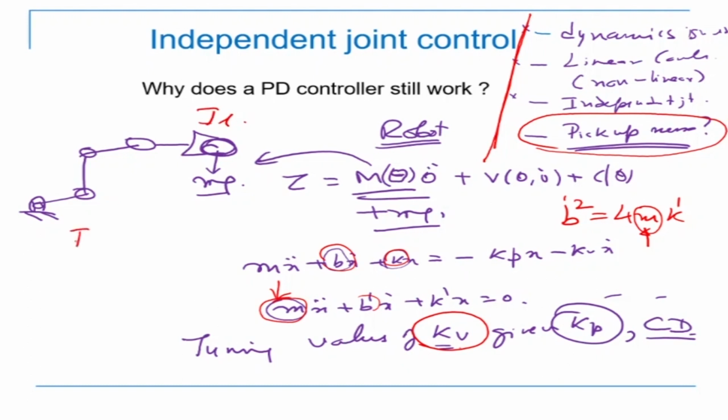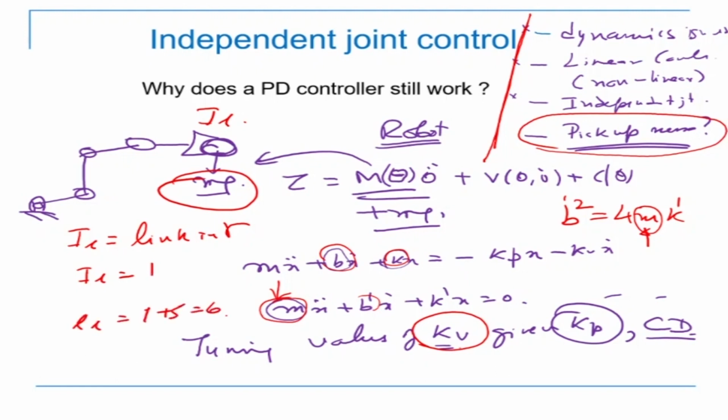So IL is my link inertia, and link inertia can change because of mg. For example, if the link inertia is equal to 1 and it picks up 5 kg, the link inertia becomes 1 plus 5, which is equal to 6. Just for example.